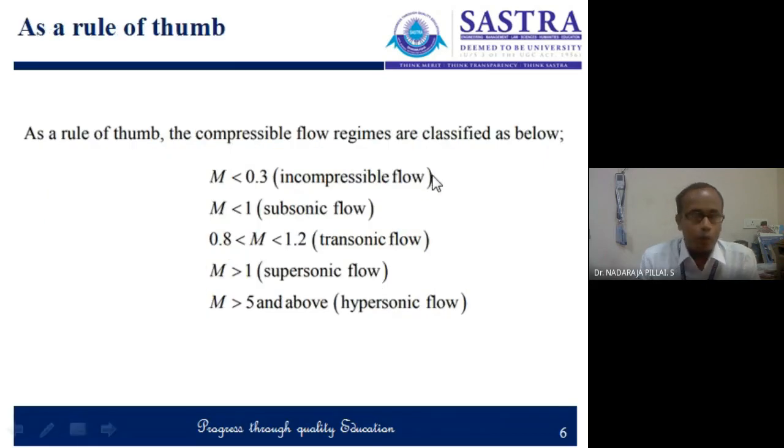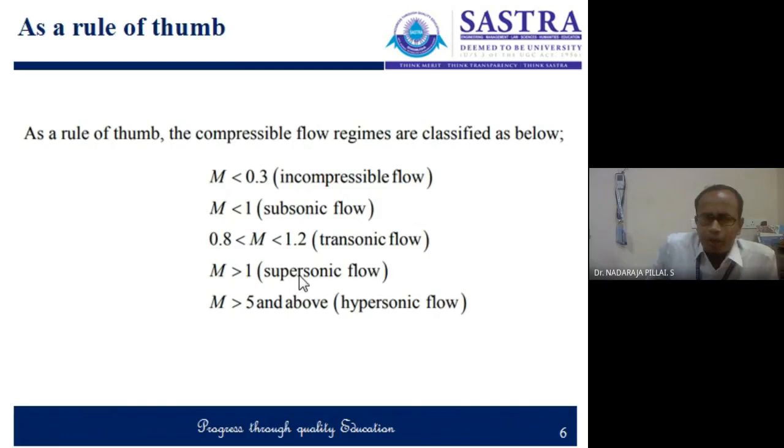By rule of thumb, we have the Mach numbers classified for the different flow regimes. Mach number less than 0.3 we consider as an incompressible flow, and Mach number less than 1 is subsonic flow. Then 0.8 to 1.2 we consider as a transonic flow, and Mach number more than 1 is considered as a supersonic flow.